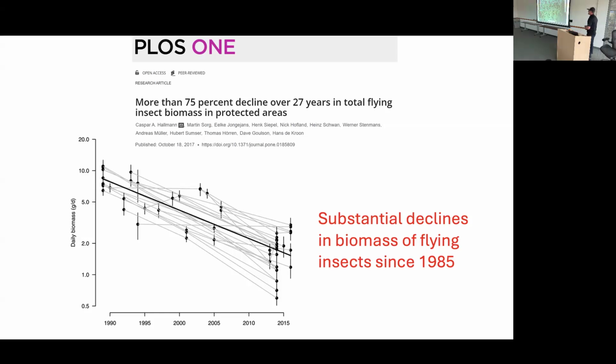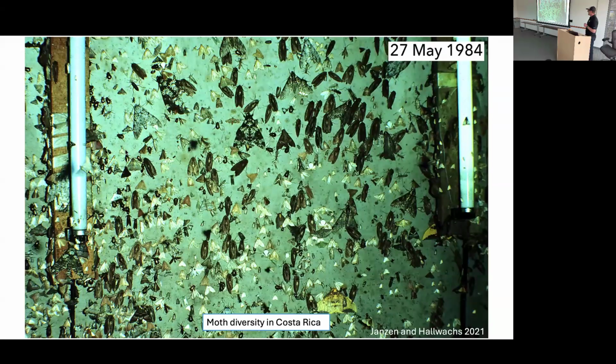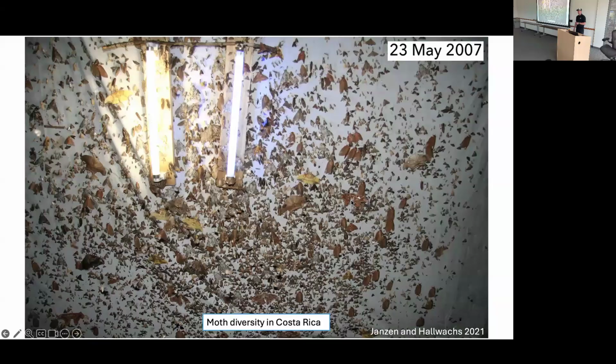From a species composition perspective, this is what that might look like. Okay, so what I'm going to show you is a series of photos taken by a famous tropical ecologist, Dan Janzen, documenting moth biodiversity in Costa Rica. This is a picture of a blacklight trap in 1984. This is what the same trapping study in the same area looked like by 2007.